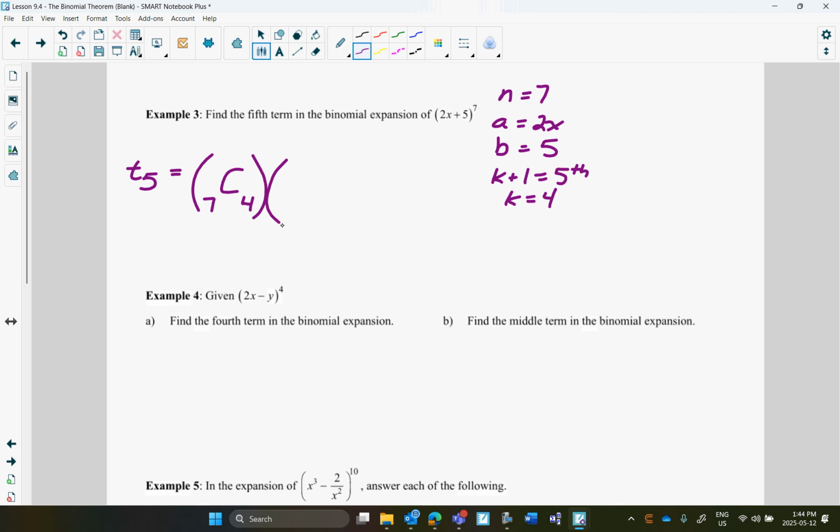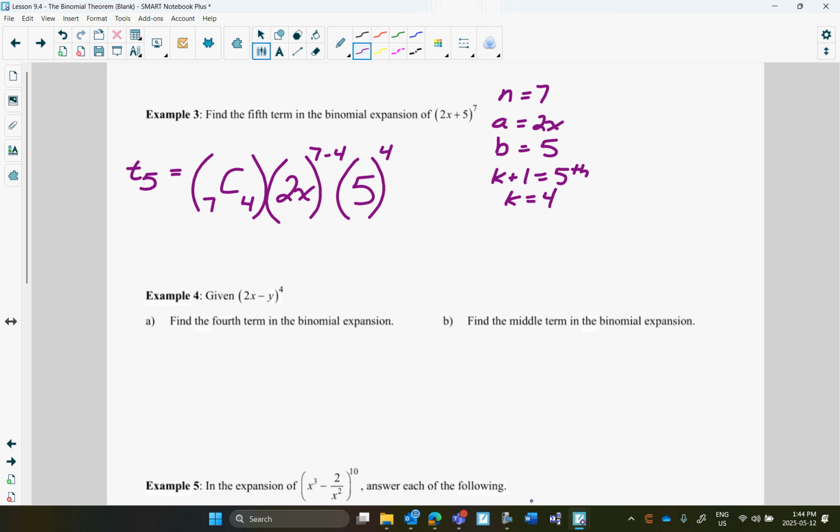Here, we're going to have the value of a, which is 2x, raised to the n minus k. Remember, you've got this formula, so you don't have to remember all of this. Times whatever the b term is, which is 5, raised to the fourth, or k.